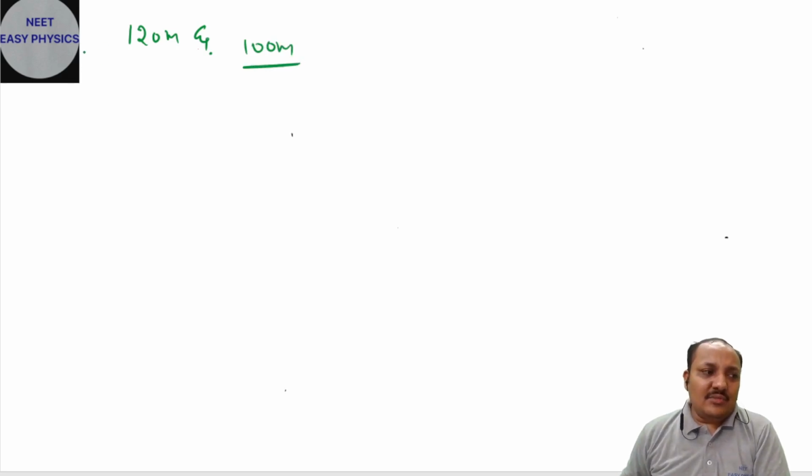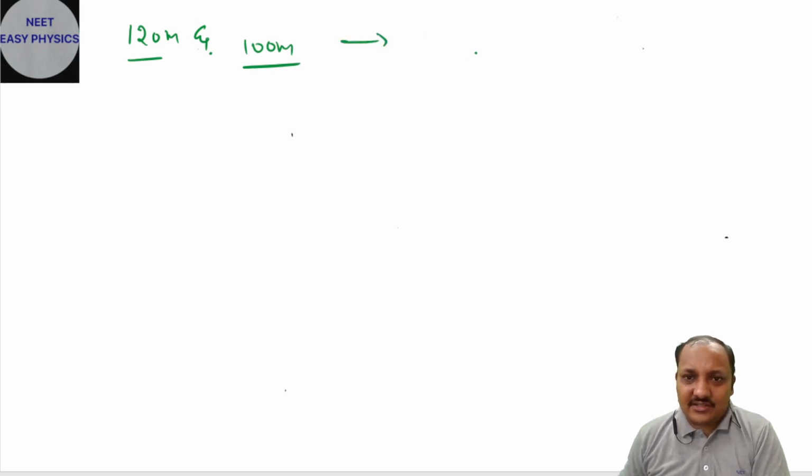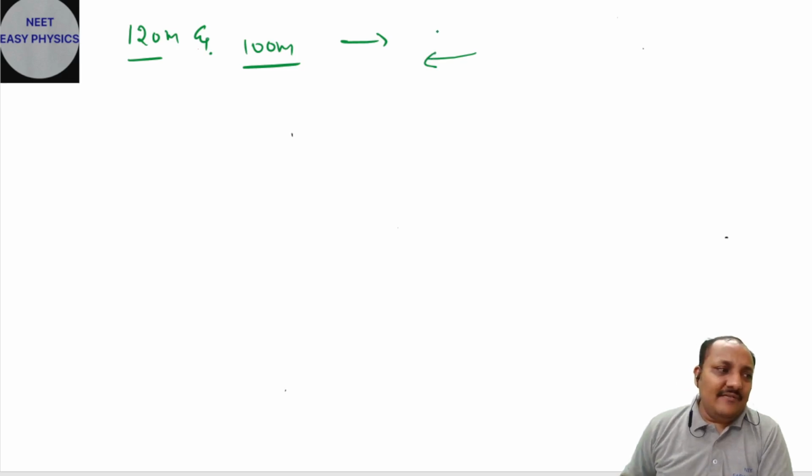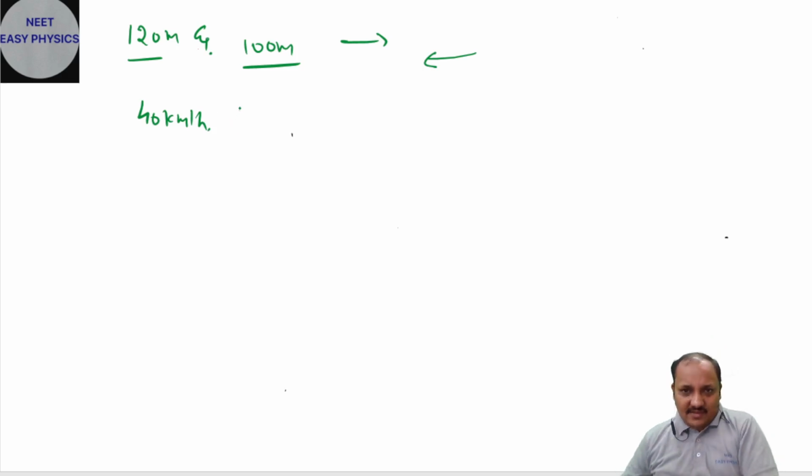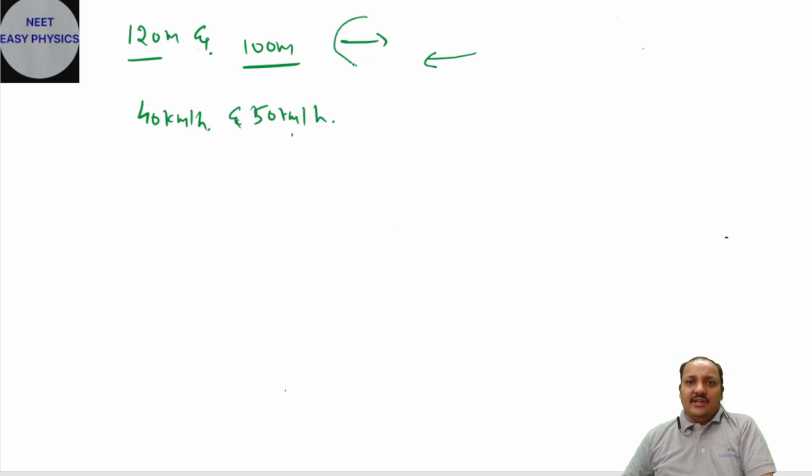Both are moving in opposite direction with velocities 40 kilometers per hour and 50 kilometers per hour. How much time will it take to cross each other, they are going to ask.